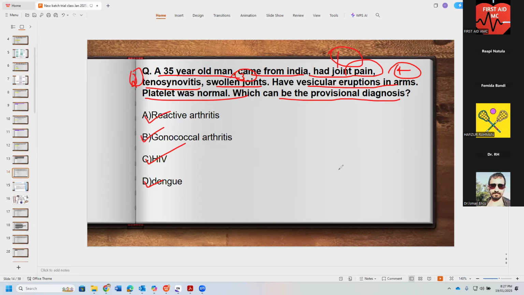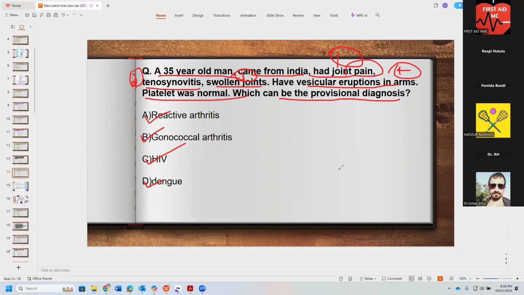Joint pain, tenosynovitis, swollen joints, vesicular eruptions. It's not HIV. HIV doesn't present like that. HIV presents with symptoms of infection of the chest, throat, or abdomen associated with cervical lymphadenopathy, sometimes hepatomegaly or splenomegaly. It's gonococcal arthritis.